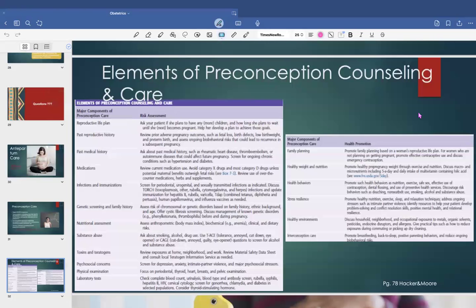This is not for you to know for the test, but it has a lot of good information about what you can talk about in preconception counseling if someone comes in and wants to discuss becoming pregnant. They're trying to work on family planning. Different questions you can ask, different things you can focus on in your exam, labs to order, health behaviors, things that will help relieve stress, and so forth. So that's just for you to take with you as a resource.